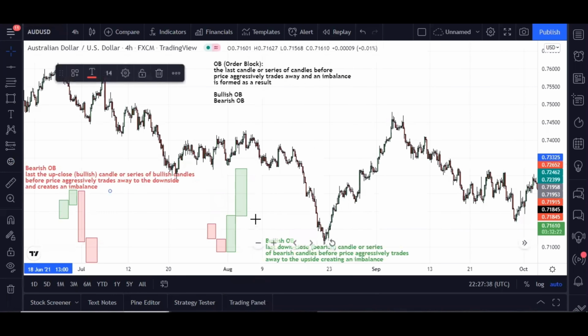And a bullish order block is the last down close candle, or series of down close candles, before price aggressively trades away to the upside, creating an imbalance. So now you got to hear me say imbalance.